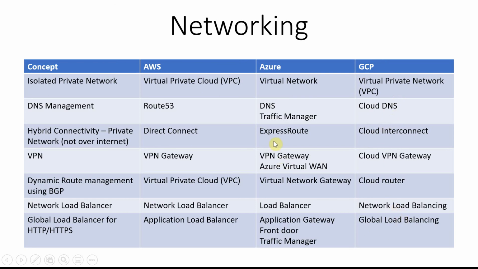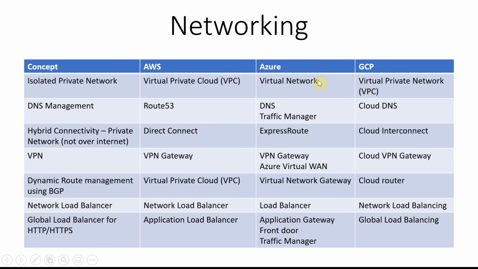There are some differences in GCP which I observed. Once we go deeper into this we will see that GCP has done things a bit differently in networking compared to AWS and Azure. Conceptually they are the same, but internally how the concepts are implemented is a bit different. Once you go to the details, you will know that.